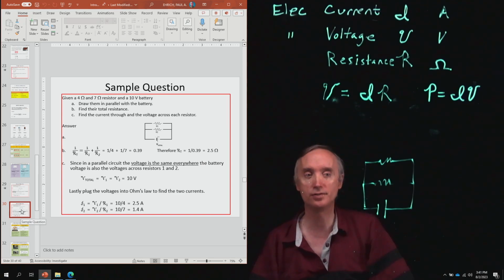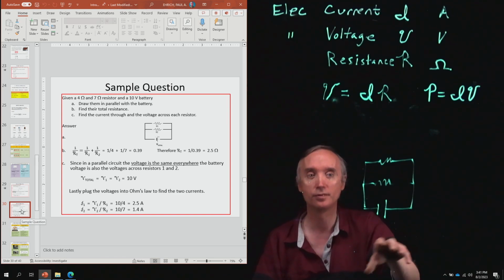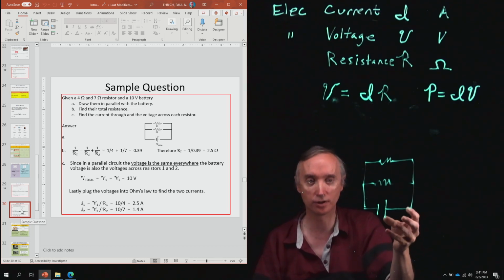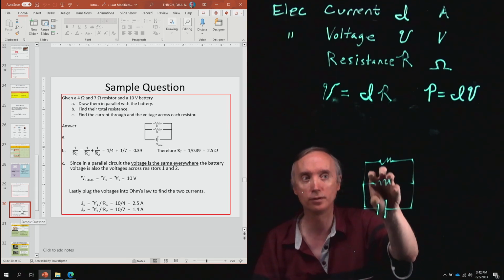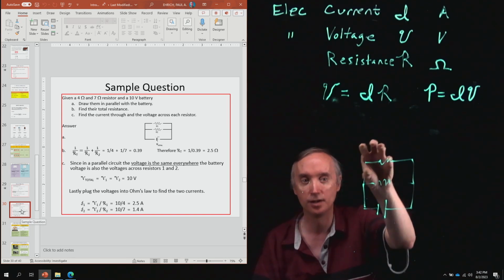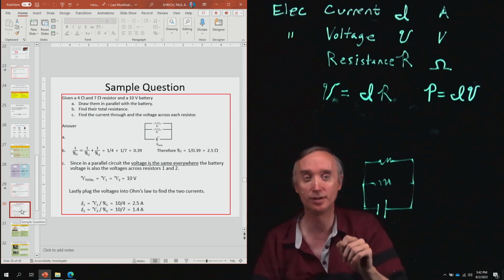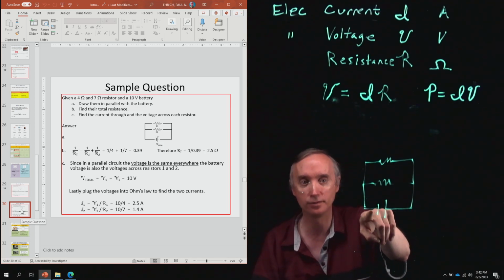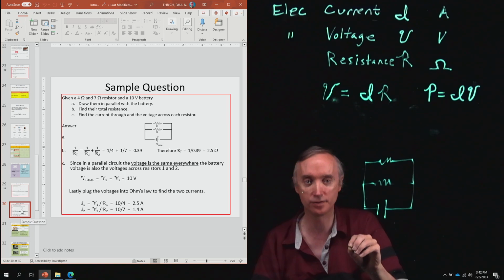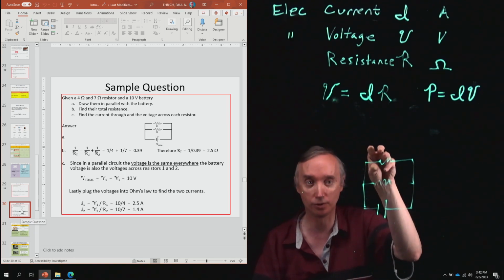The series circuit has the disadvantage that if one of them goes, they all go, and the current goes to zero. But it does have the advantage that if you put more light bulbs in there, each light bulb gets a little bit dimmer, because the current coming out of here is divided amongst each of the light bulbs.